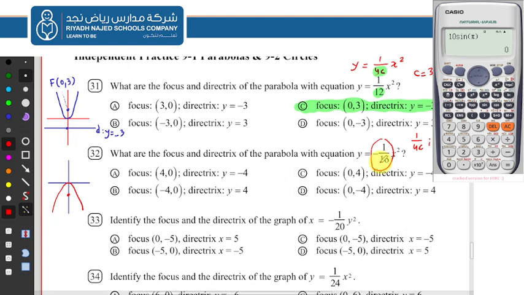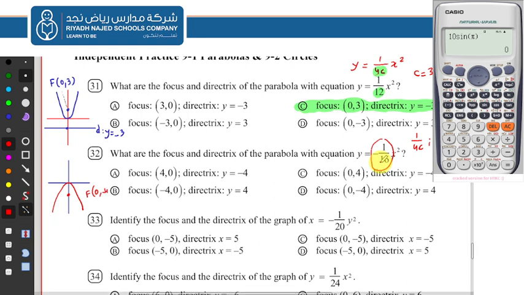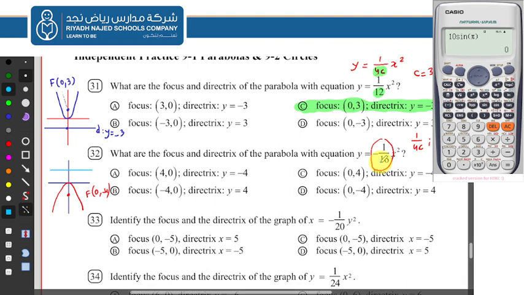Using the same formula. I didn't repeat the formula, but you already have it. So c is equal to negative 4. So the focus is here, and c is negative 4. The coordinates of the focus are 0, negative 4, because the focus is on the y-axis. And the directrix is always on the other side, on this side. And since this is negative 4, this must be 4.